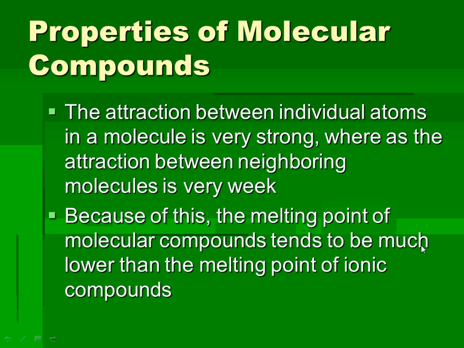Now, the attraction between individual atoms in a molecule is very strong, whereas the attraction between neighboring molecules is very weak. Because of this, the melting point of molecular compounds tends to be much lower than the melting point of ionic compounds. Comparing that to table salt, an ionic compound, it takes a whole lot of heat to melt salt, whereas with a molecular compound, you don't need near as much.